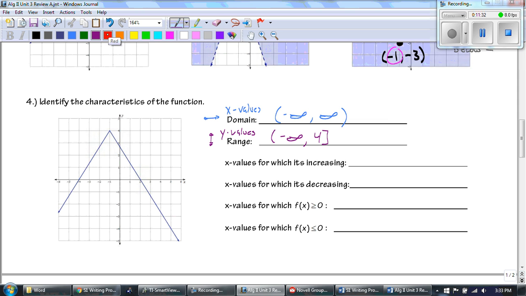Okay, now increasing and decreasing, that's where we look at the left versus the right side. Okay, my left side is increasing. Okay, so I'm increasing on the left, and I'm starting at negative infinity, and then all of a sudden we stop increasing right here, and I stop increasing at negative 1.